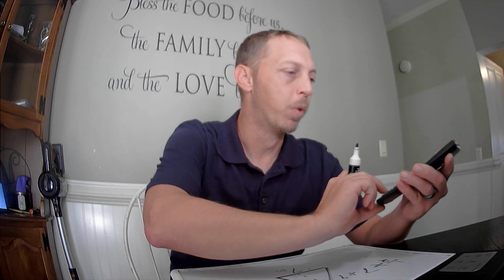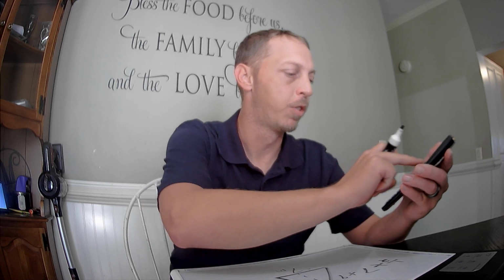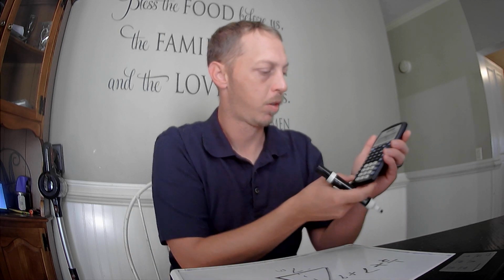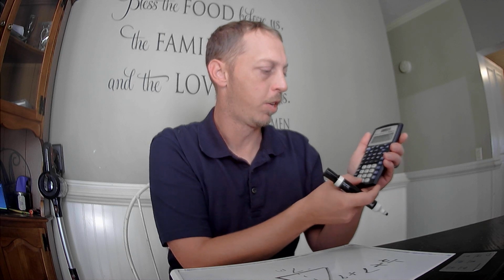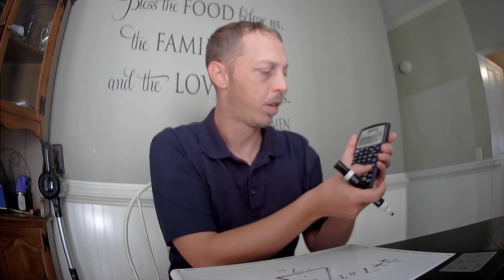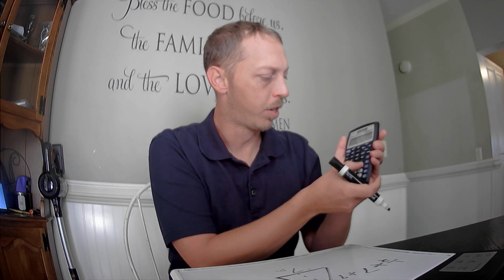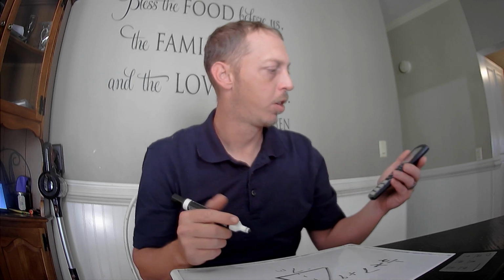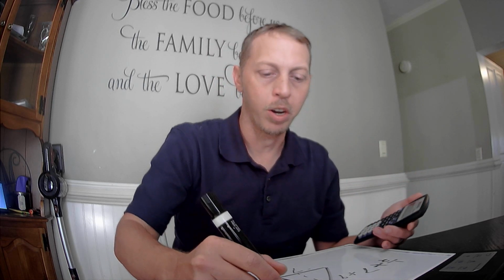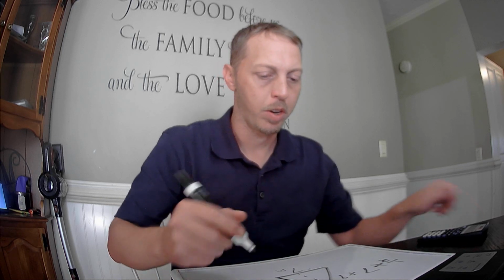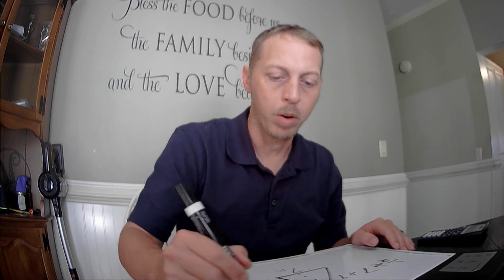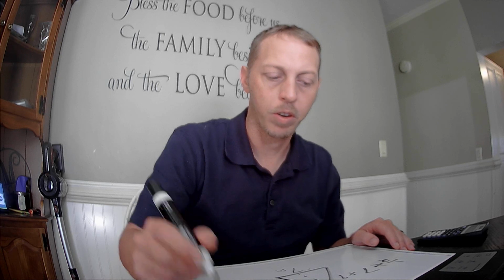So I'm going to take out my calculator, and 1/2 is equal to 0.5. You type in 0.5 times 7 times 9, and you'll end up with 31.5.